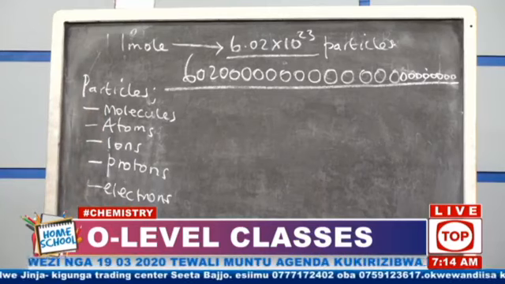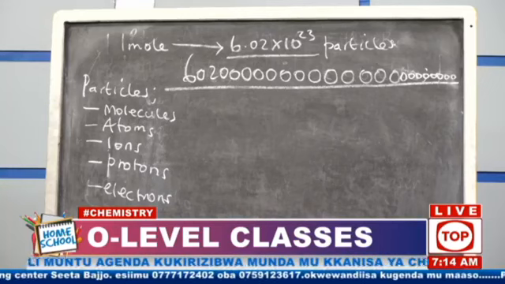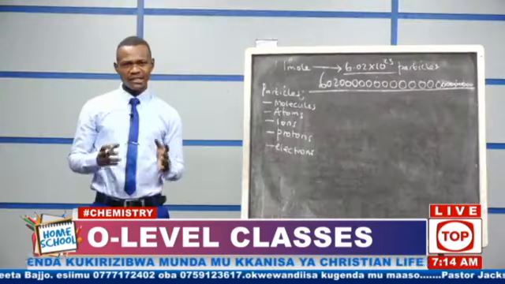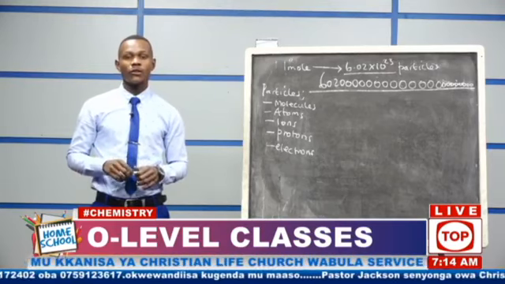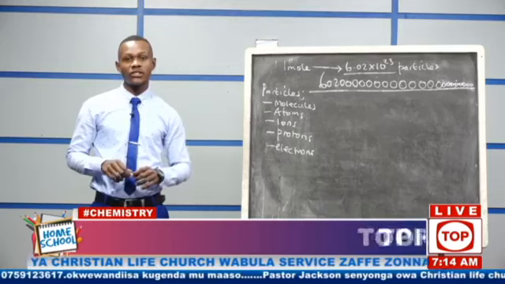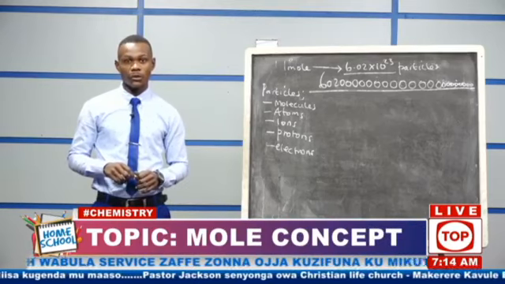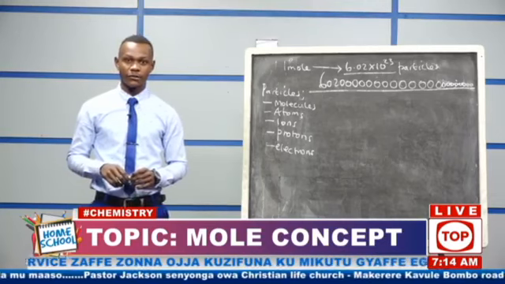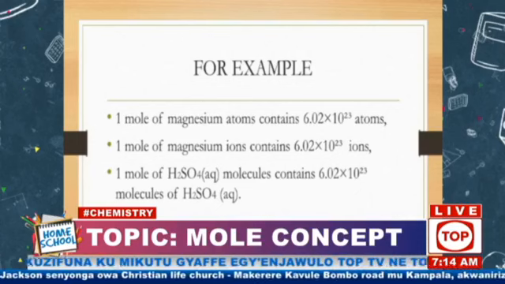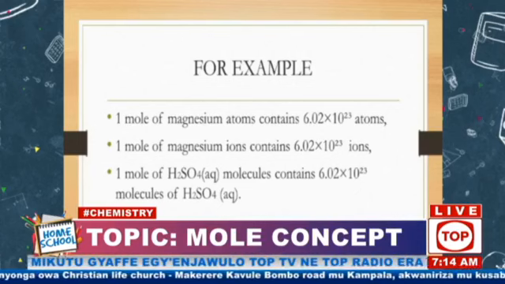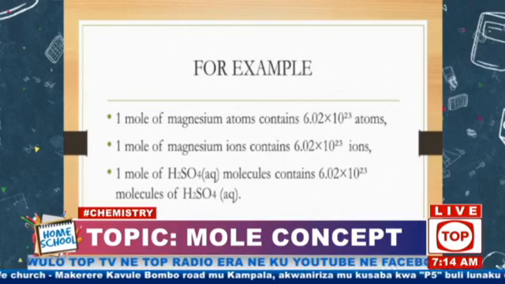So when you go to the lab and you say, I need 1 mole of sulfuric acid, okay? That means in that 1 mole of sulfuric acid, you need 6.02 times 10 power 23 particles of sulfuric acid. Okay? That's what you mean. So that is the concept behind 1 mole, that 6.02 times 10 power 23 particles.